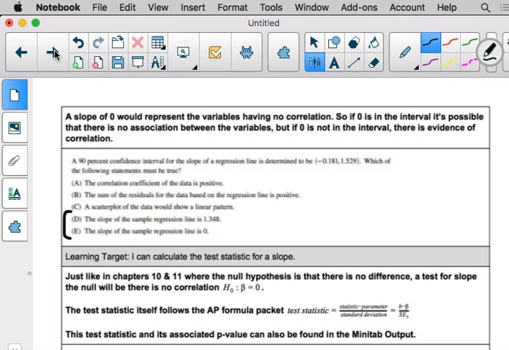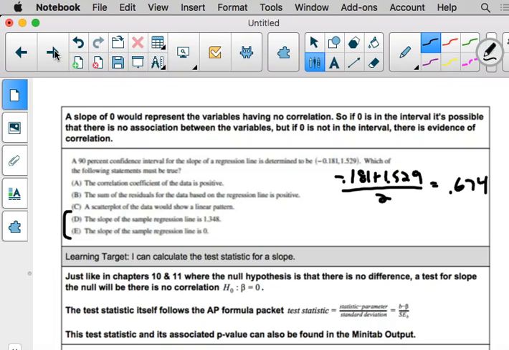So our regression line, what was our actual sample slope? Well, in a confidence interval, isn't the sample dead center? So if I wanted to calculate the slope of our sample regression line, I could just average the two numbers there. The middle of my interval would provide me the sample slope, okay?